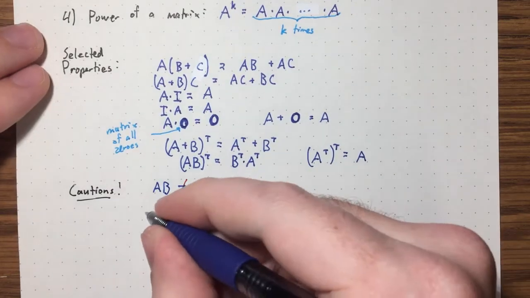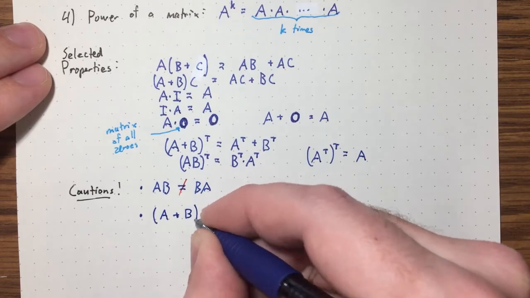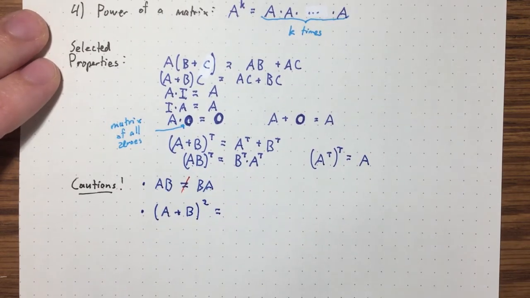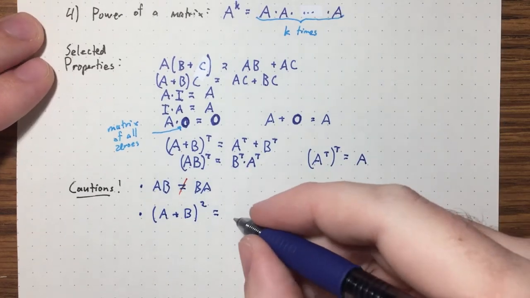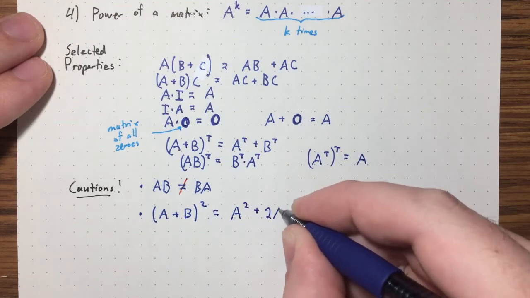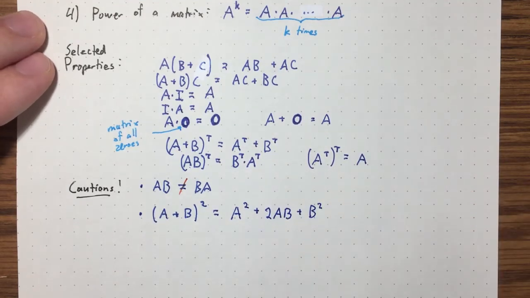Because of that, you get weird things like this. So what do you think A plus B squared is going to be? Well, here's what it's not. It's not A squared plus 2AB plus B squared. Okay. It's not true.